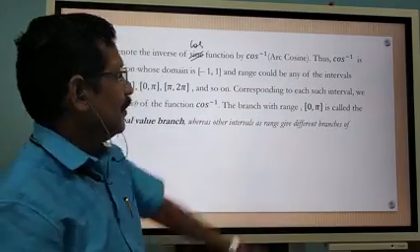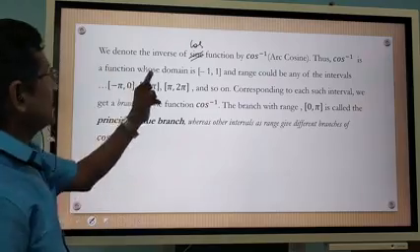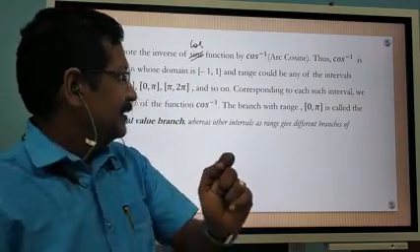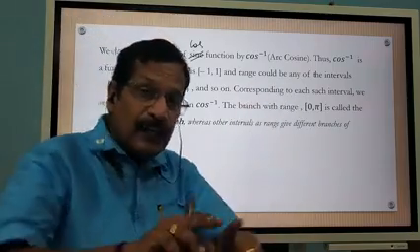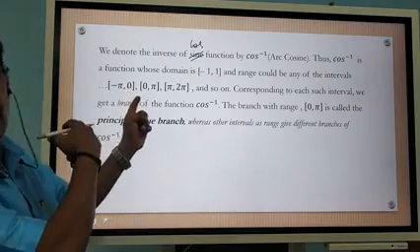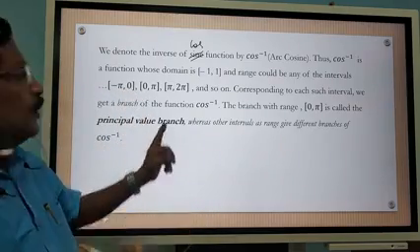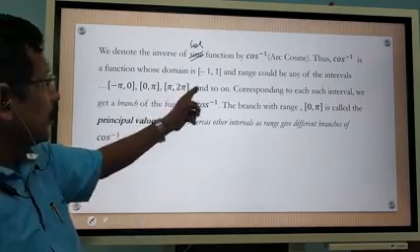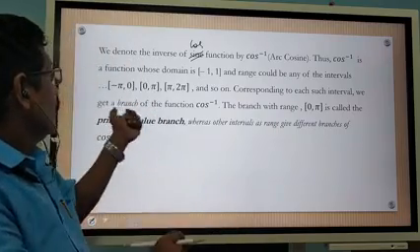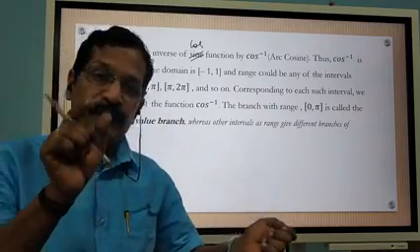That is another name. And this cos inverse is a function whose domain is minus 1 to plus 1 and whose range could be any of the intervals minus pi to 0, otherwise minus 2 pi to minus pi, or 0 to pi, pi to 2 pi and so on. Corresponding to each branch, we get a branch of cos inverse.